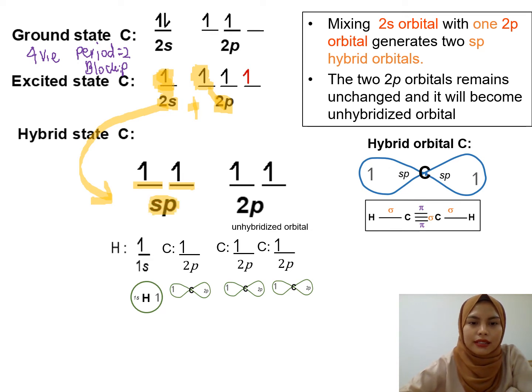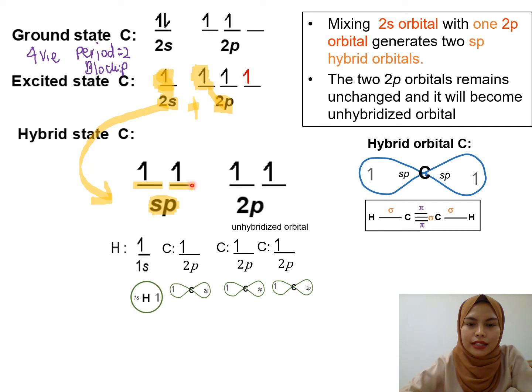Okay, sebab 2 hybrid orbital sp ni dia akan bertanggungjawab di dalam pembentukan sigma bond dekat molekul C2H2. Okay, sebab one of the single electron dekat hybrid orbital sp carbon ni akan pair upkan dengan satu single electron di valence electron hydrogen 1s.